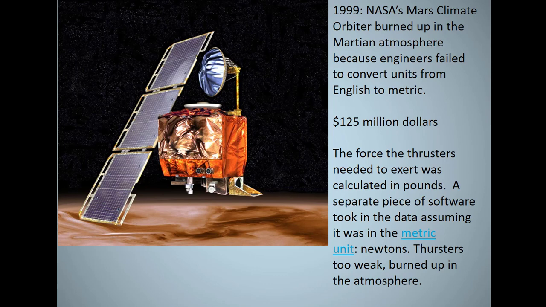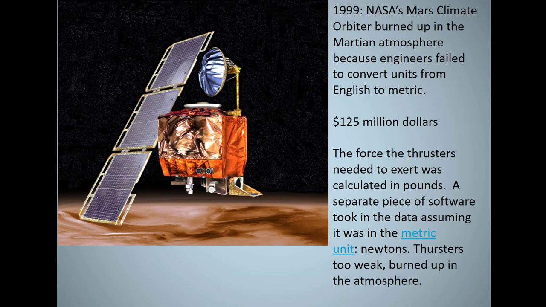In 1999, NASA sent a satellite to Mars to observe the climate of Mars, and it had to enter the atmosphere to get into orbit around Mars. It cost $125 million to do this whole project. The force of the thrusters needed to slow it down as it came into the planet was calculated in pounds, but the software, because this was an international project, thought that value was in newtons.